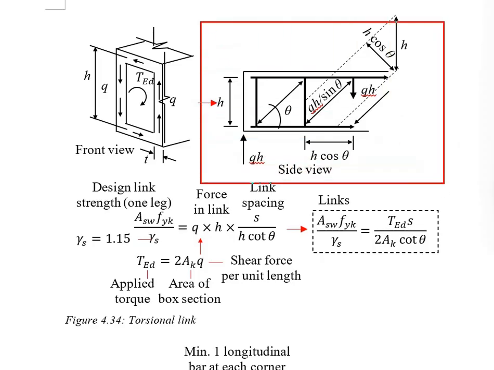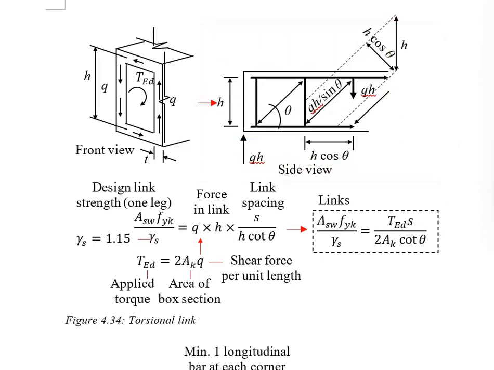First, you need to understand the diagram here. You have a shear flow here. Since we are designing on this side, the shear force acting here will be equal to the shear flow, which is the shear force per unit length, multiplied with the h.